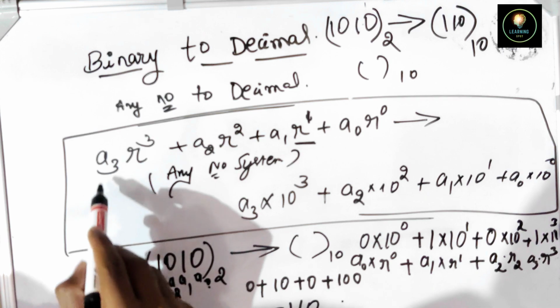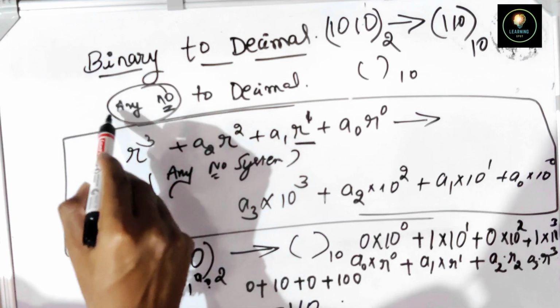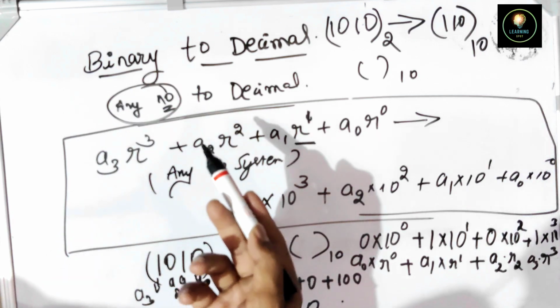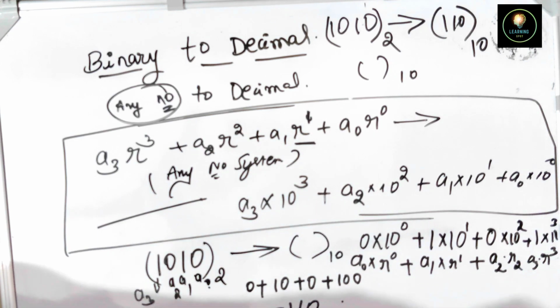So you can convert any number, whether it is binary, octal or hexadecimal, to decimal using this formula.